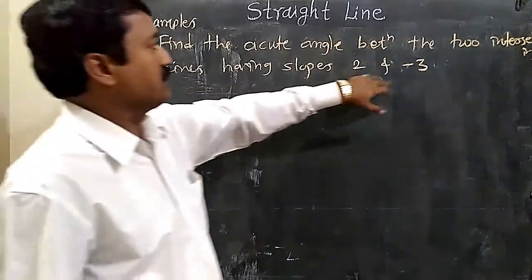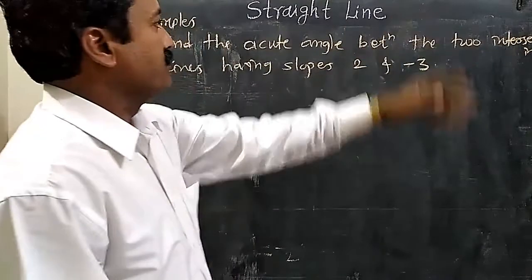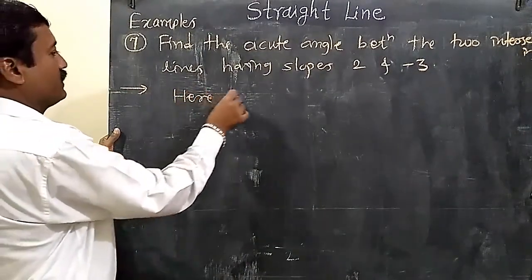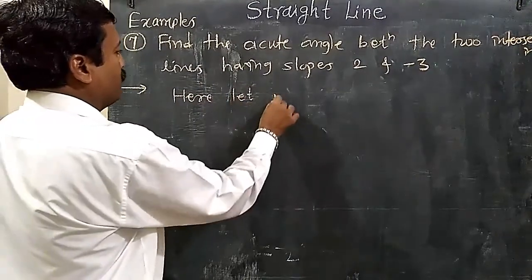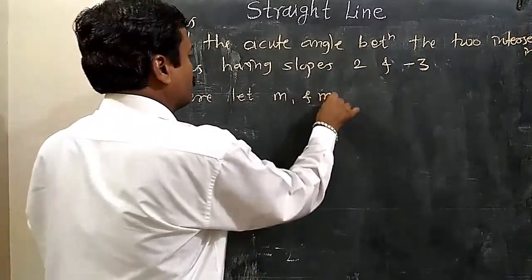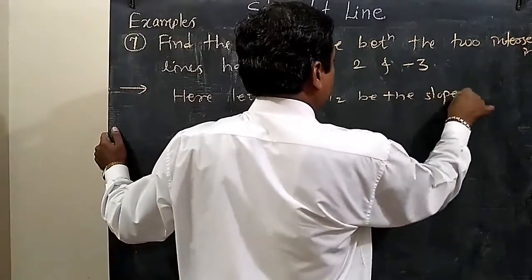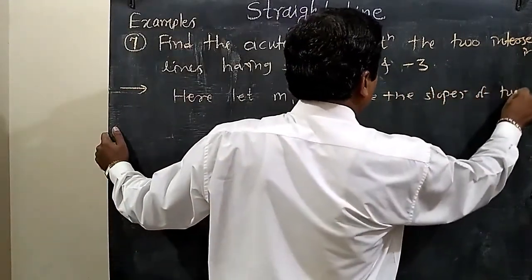Here the slopes of two lines are given, 2 and -3, and we have to find the acute angle between these two lines. Here, let M1 and M2 be the slopes of two lines.